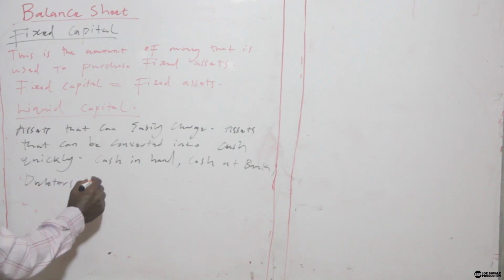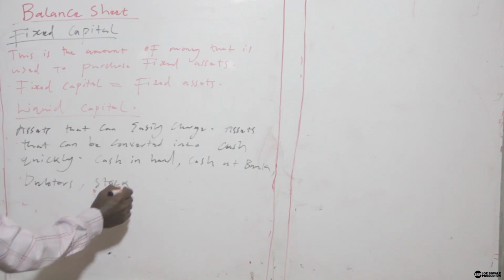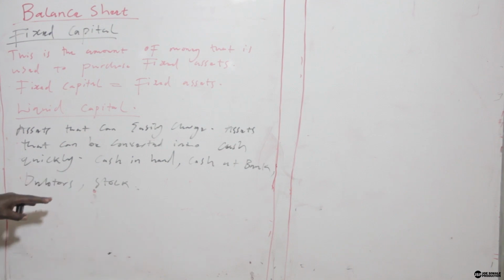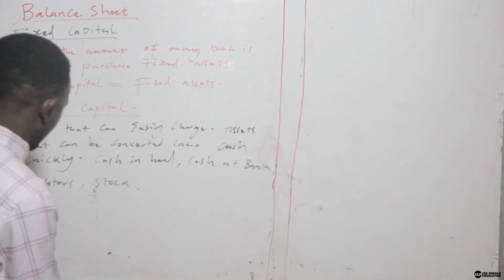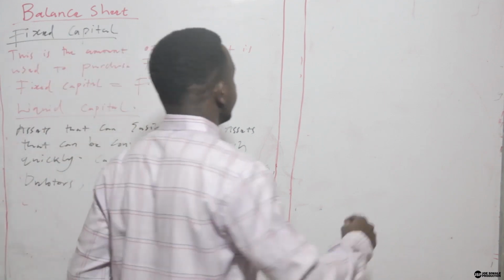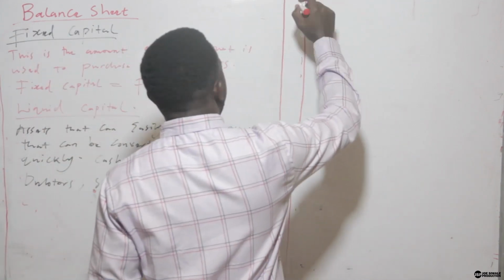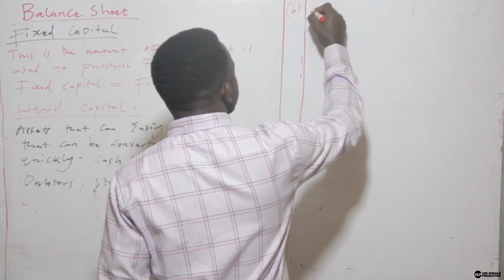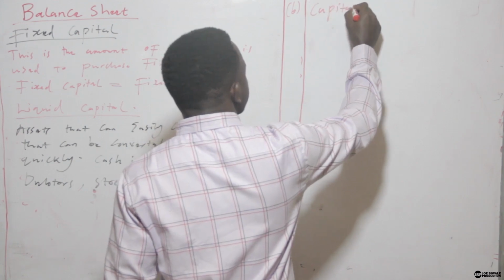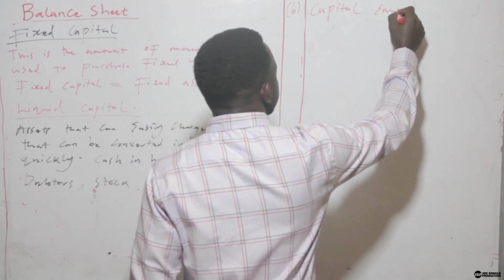We're also having stock, although stock is the least liquid amongst these current assets. Then let us now look at the other form of capital. The other form of capital, we are having capital employed.